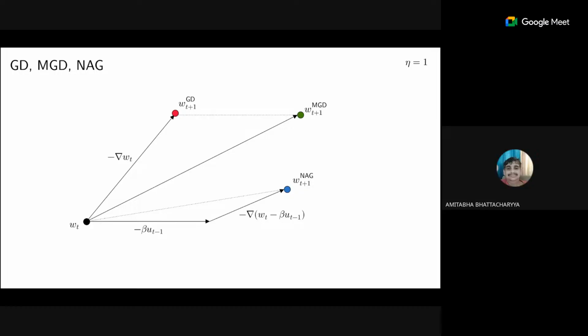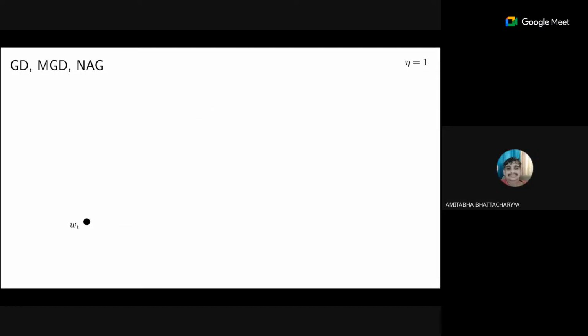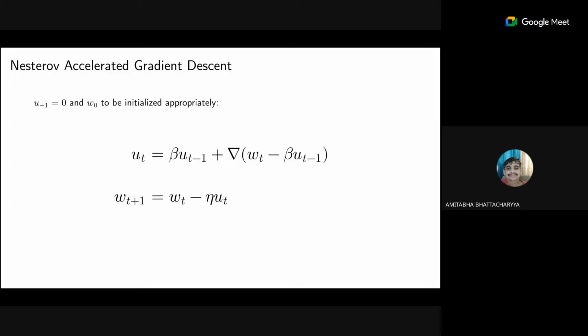Can you go to the previous picture, sir? So it's a question of where you compute the gradient, right? So in momentum GD, you are computing the gradient first, correct?